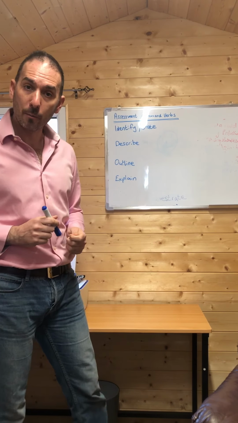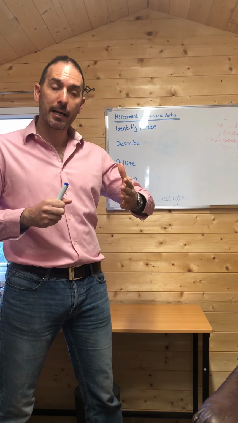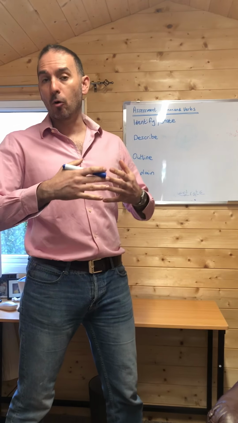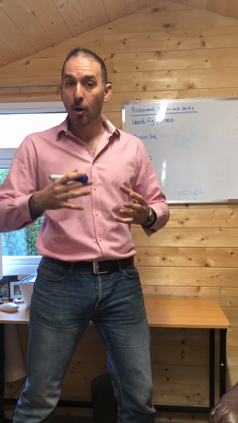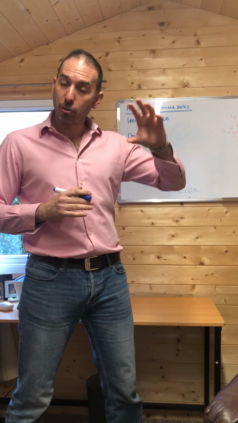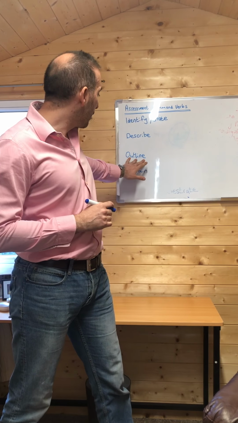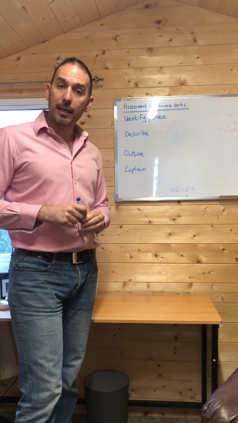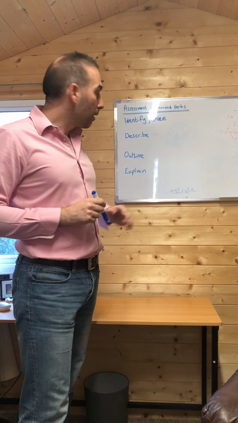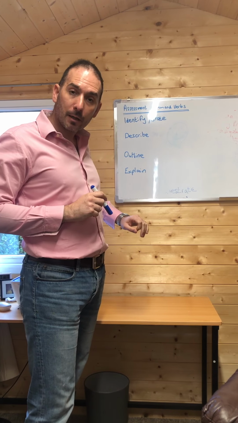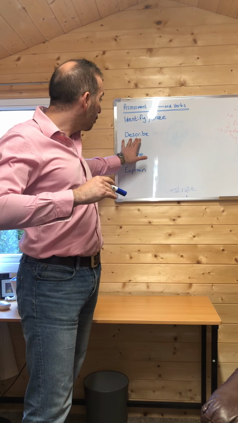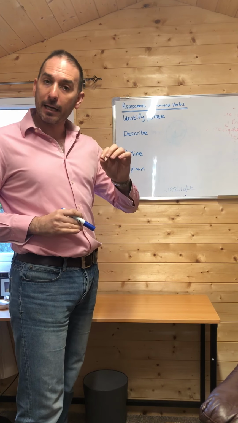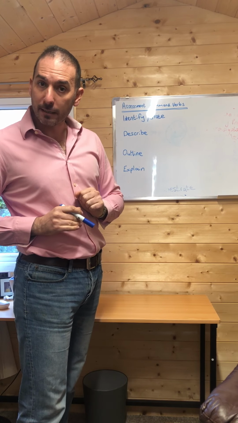To go a little bit further though, you may be asked to describe a range of characteristics of a program or a procedure or an idea. And if you're asked to describe more than one thing, you may be asked to outline. Now, when you're asked to outline, that is a little bit more than identify and state, but it's asking you to describe a range of different characteristics about something, but only in a very small amount of detail.